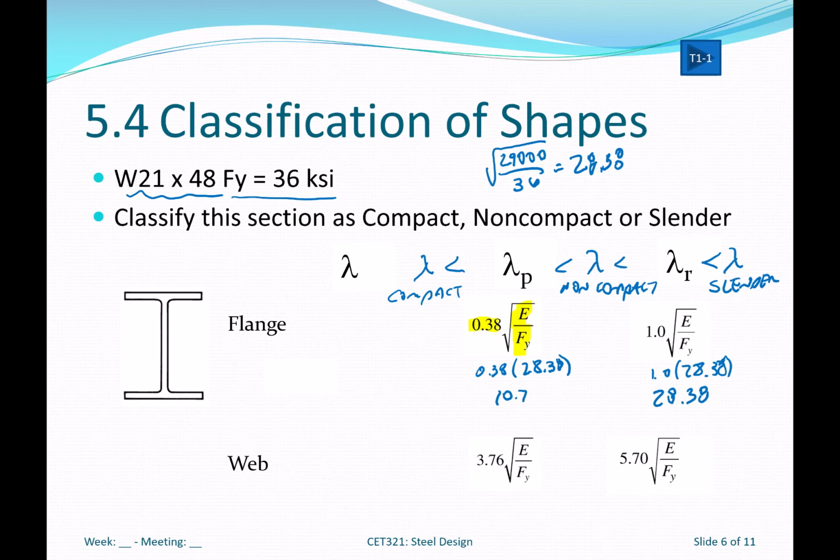Down here, 3.76 times 28.38, that limit is 106.7. And this is 5.7 times 28.38, and that limit is 161.1. So now we have our cutoff points. These are our dividing lines between compact, non-compact, and slender. Now we need to find the values for the W21x48.